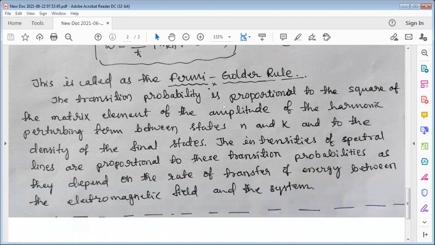So the transition probability, according to this Fermi golden rule, is proportional to the square of the matrix element of the amplitude of the harmonic perturbing term between states n and k.